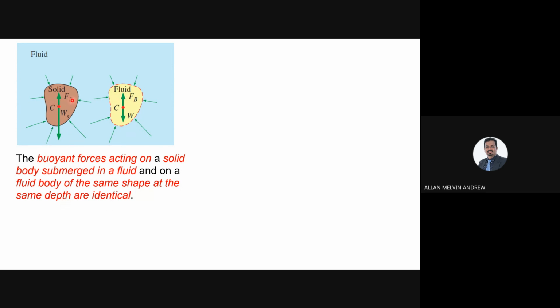So it doesn't matter whether it's a solid or fluid. The magnitude of the buoyant force is the same, because the buoyant force depends on the height under the water. Different heights will have a different buoyant force.